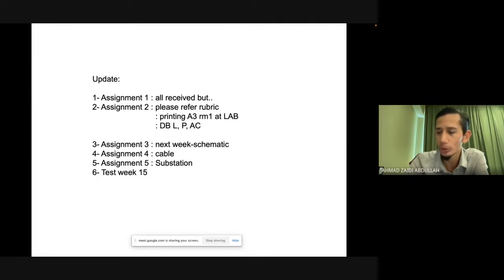Just make sure you deal with our technician, either Puan Najihah or Puan Sheila. You just pay them 1 ringgit per page, which is cheaper than outside. Also make sure there is at least 3 dB per floor.